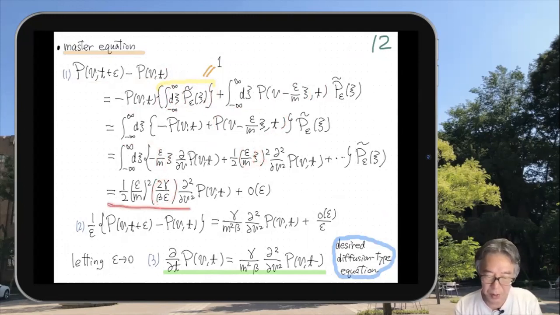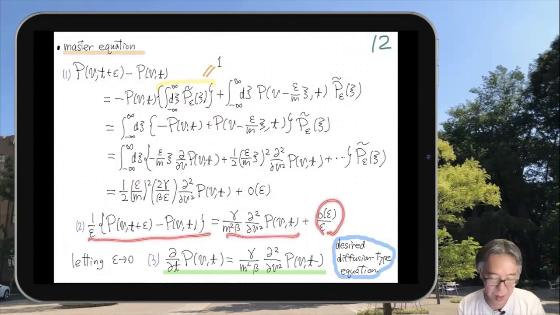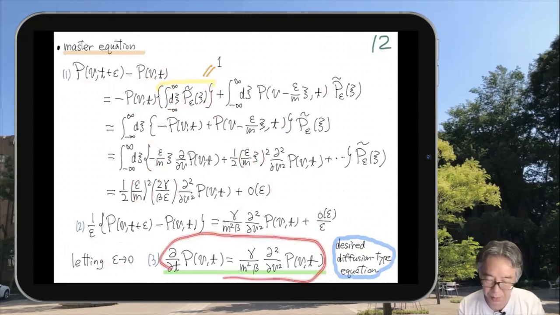So this is what you get, and you see that this is order epsilon, and this is small order epsilon. Now you divide everything by epsilon to get this, this, and this. If you let epsilon go to 0, this becomes this partial differential equation, which has the form of a diffusion equation. And actually, this is what we wanted.